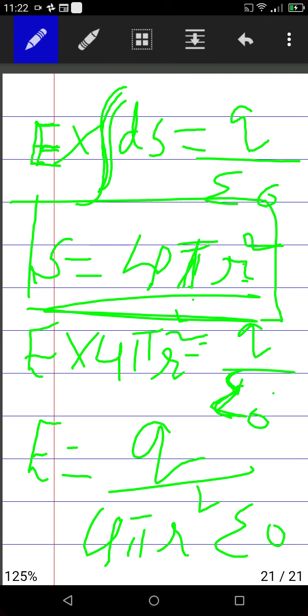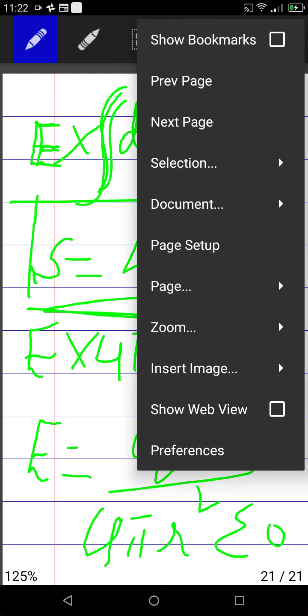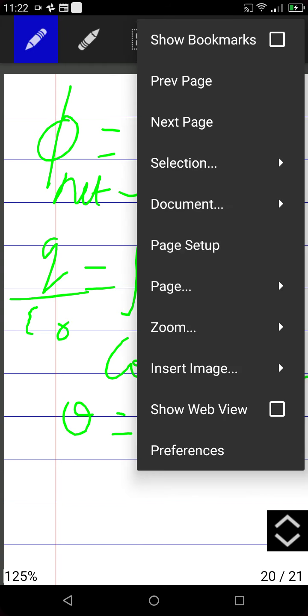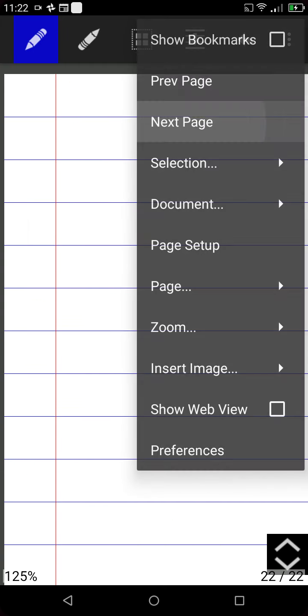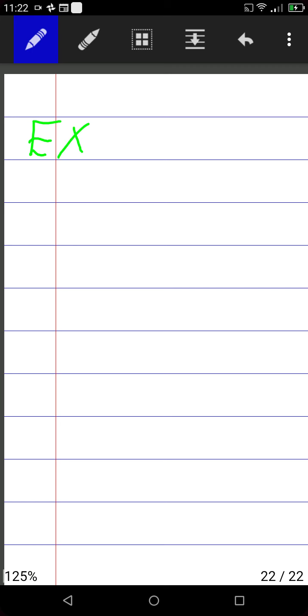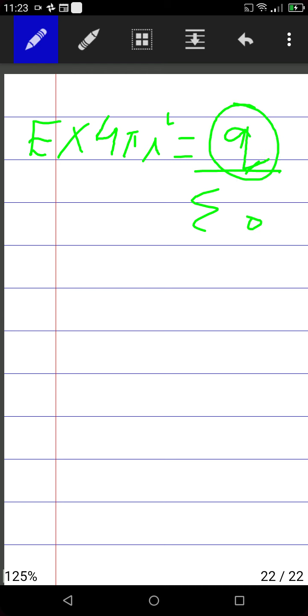Right. Now, what we did, I will write once again. E into 4 pi r square is equal to q by epsilon naught. But here this charge q is present in the whole volume, and we are just considering some part of it.